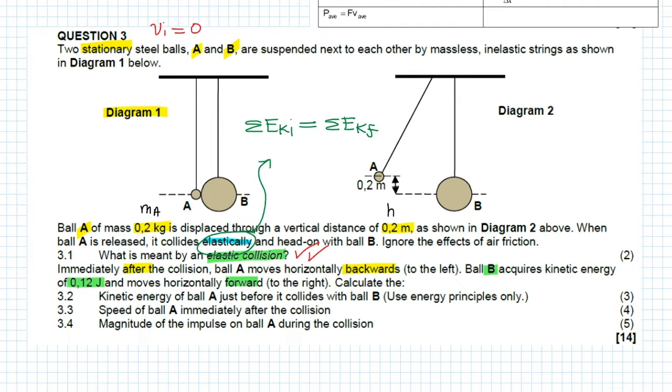Before we do so, since we are dealing with a direction to the right and to the left, let's choose one of these directions as forward. I'm going to choose towards the right as positive, and that means that towards the left is going to be the negative direction.